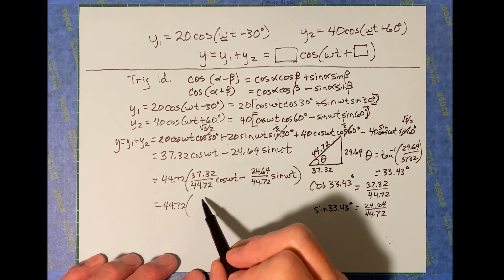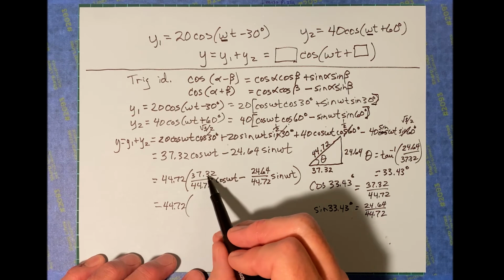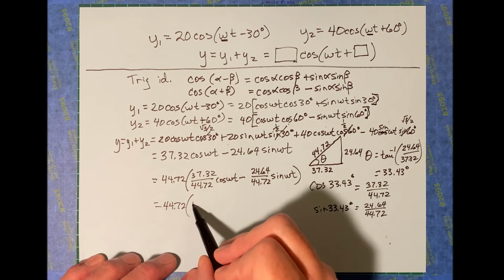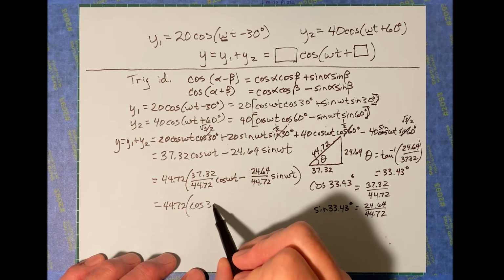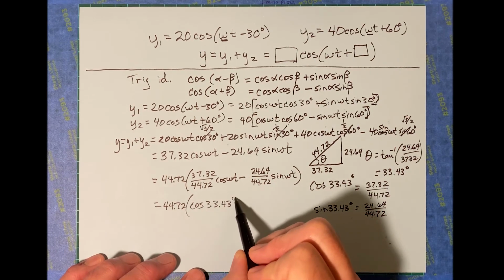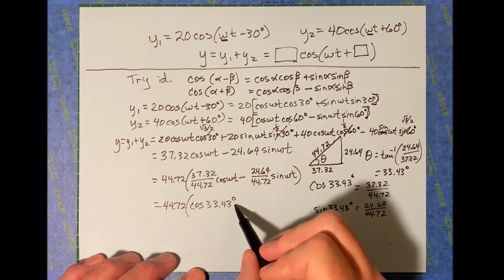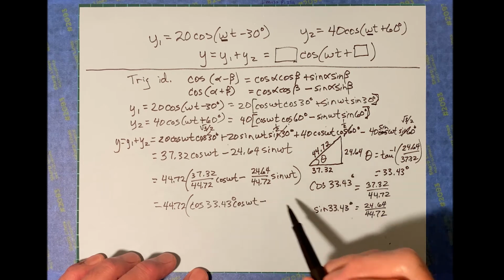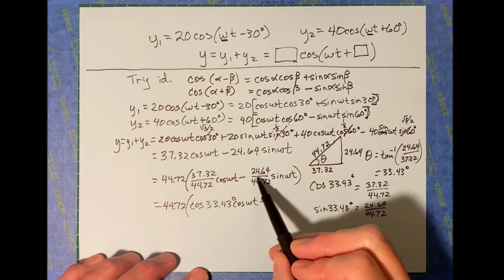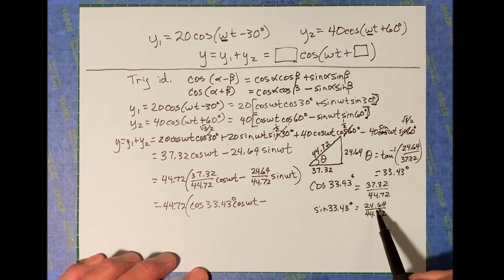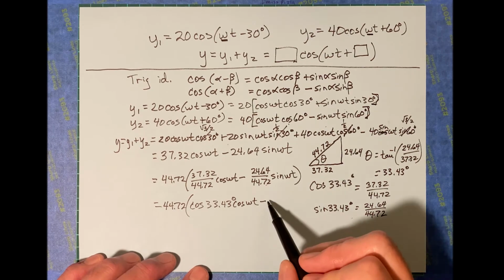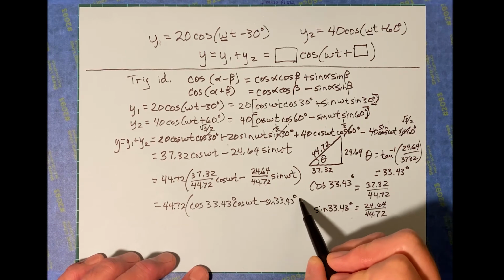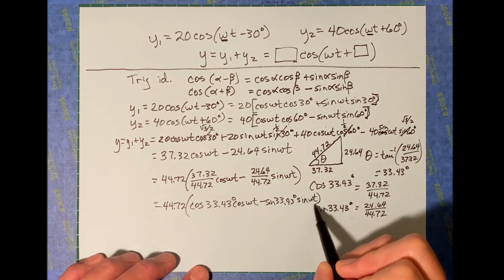This 37.32 over 44.72 is the cosine of 33.43 degrees times the cosine of omega t, minus, what is this? 24.64 over 44.72 is the sine of 33.43 degrees times the sine of omega t.